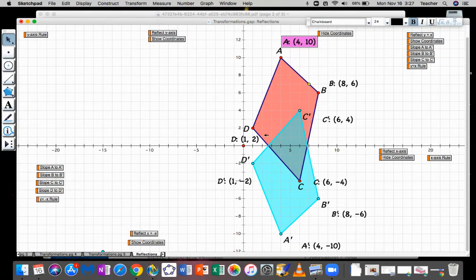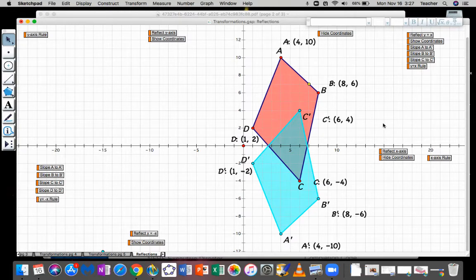If I reflect that, now it's (4, -10). B originally was (8, 6). Reflect across the x-axis, now it's (8, -6). C, the original was (6, -4), and I reflected it and got (6, 4). And D, the original is (1, 2), and reflected is (1, -2). So hopefully you see a pattern there.